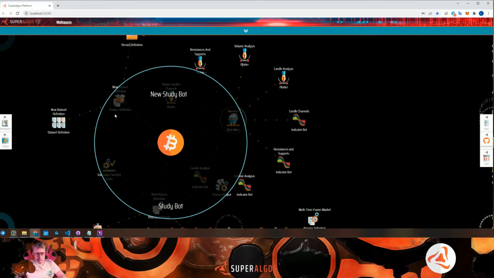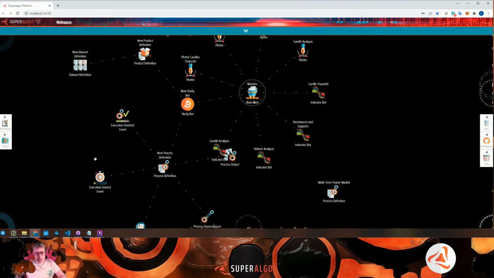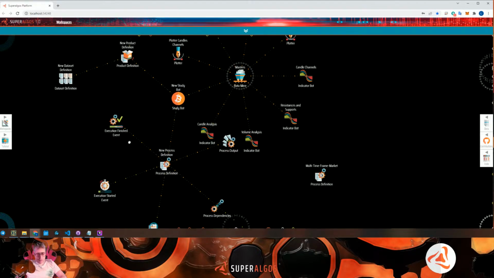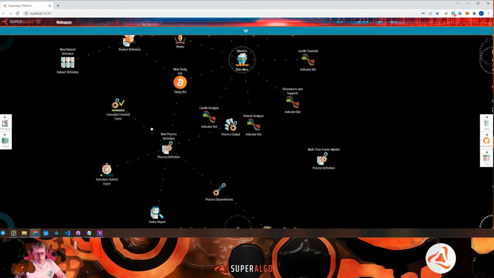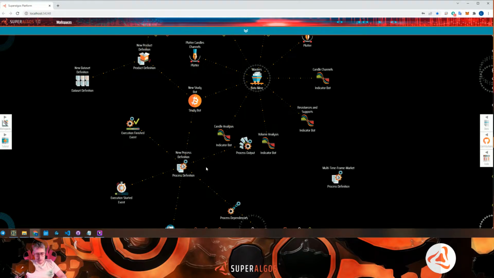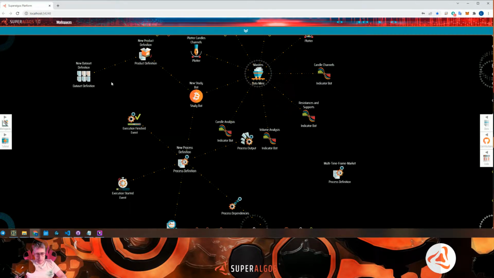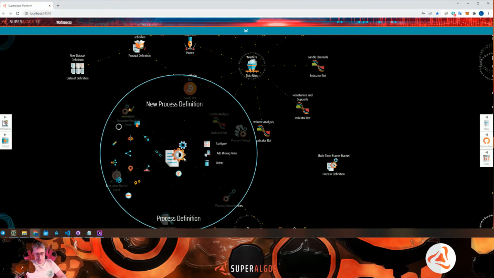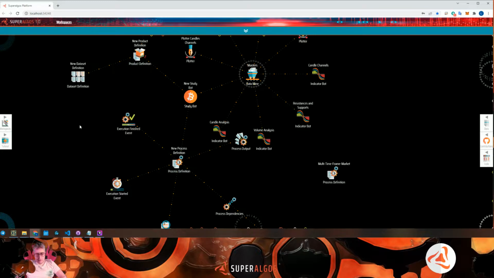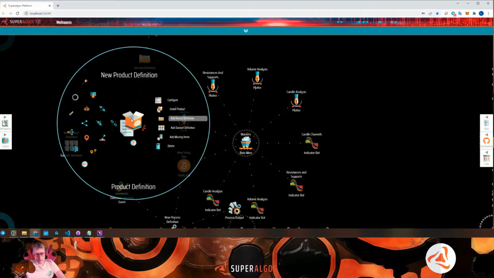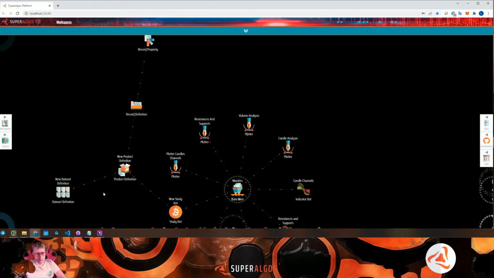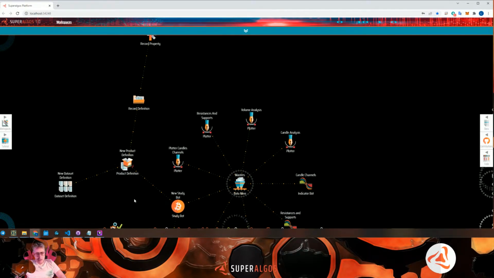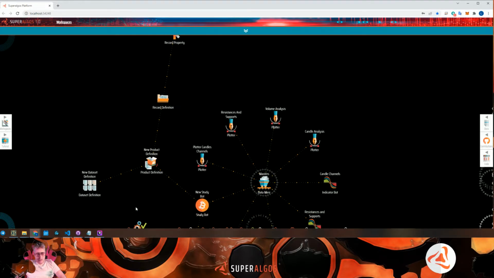The components are exactly the same as the ones that you already know. Process definition, as you can see, is the same, and products. Okay, these are the processes that this bot might be able to run, and these are the products that this bot might be able to generate as output. Okay, we have the record definition, everything is the same.